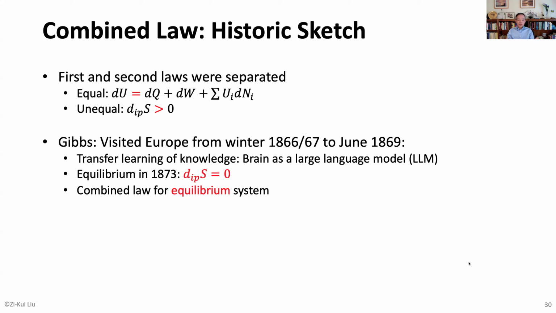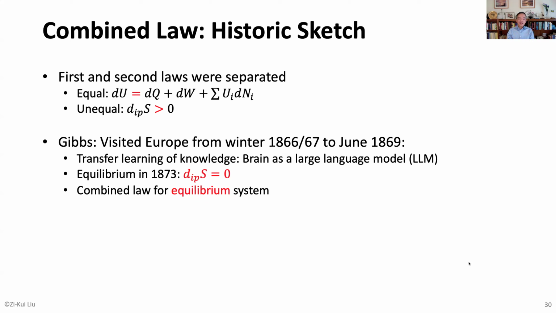Then he also realized that if he considered an equilibrium system only, then the unequal sign for the second law becomes equal, because there's no entropy production in an equilibrium system. So he published a few papers in the early 1870s. In 1878, he published a combined law.